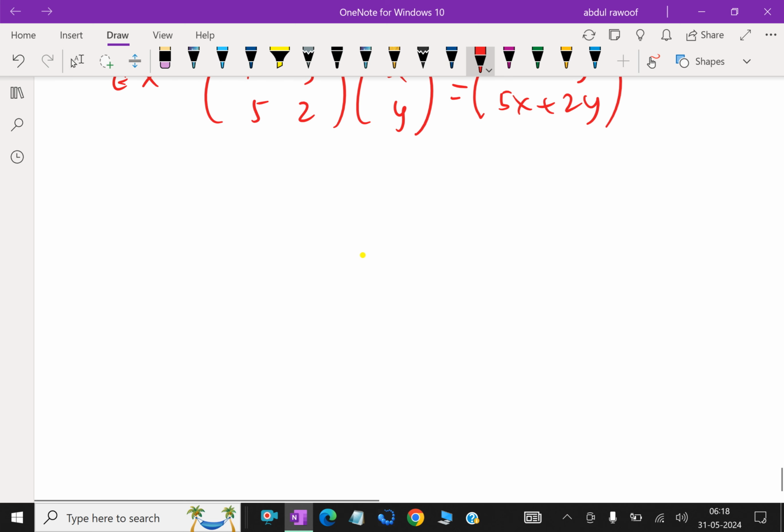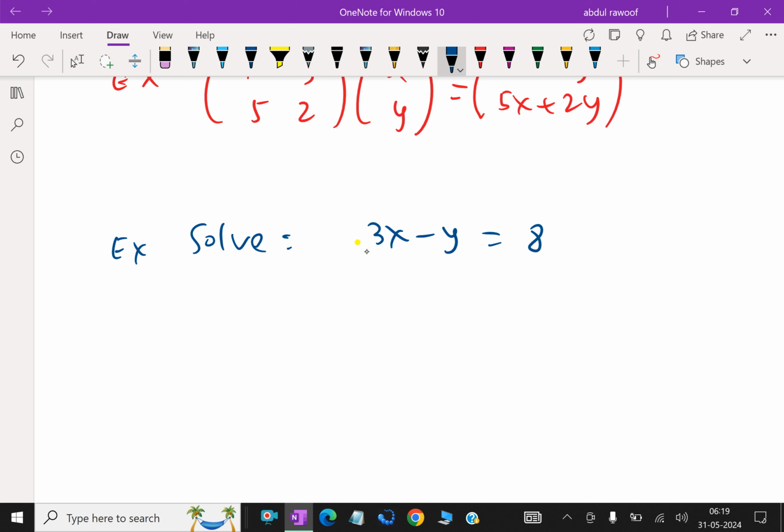Now let us do solving a pair of linear equations by using the matrix method. Solve 3x minus y equal to 8, then 2x plus 3y equal to 6.